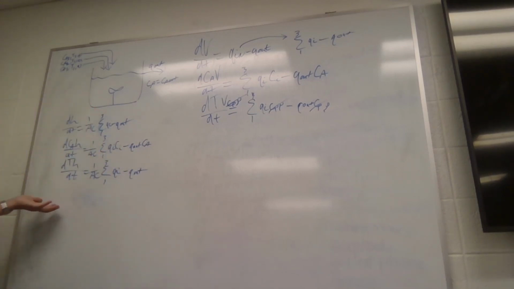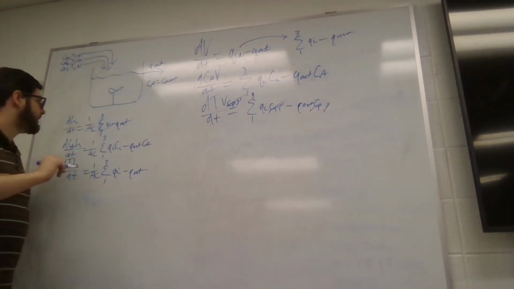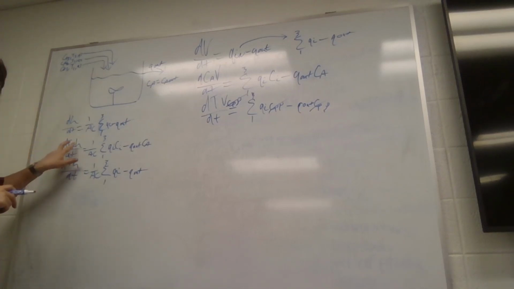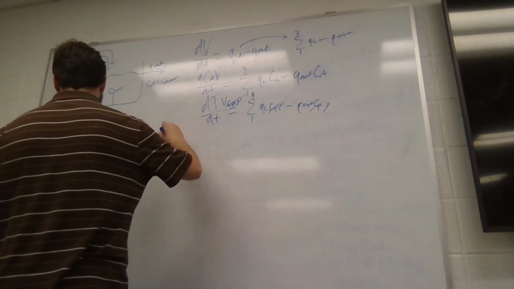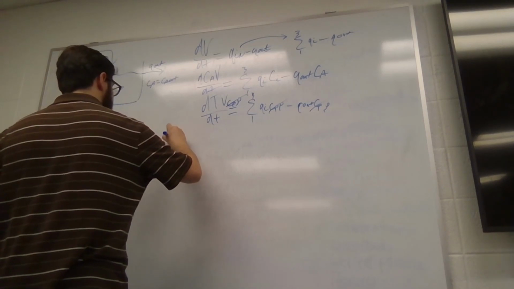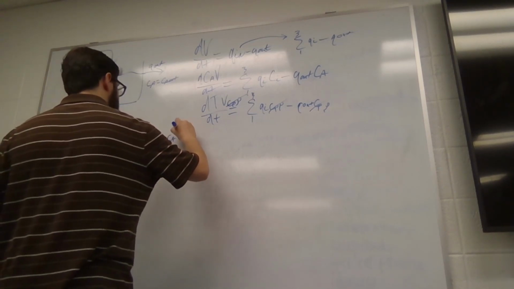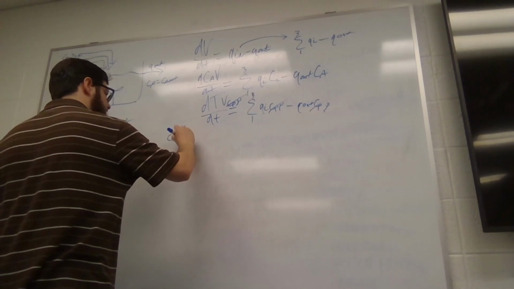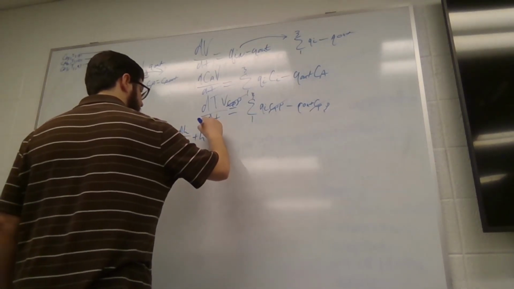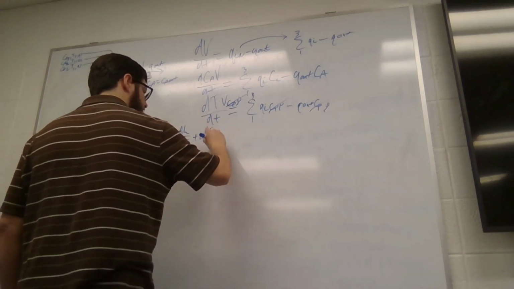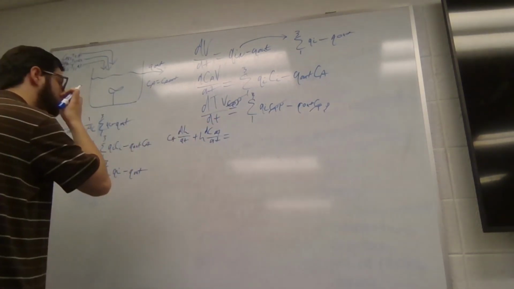So far all of these take out the volume term because we use volumetric flow. In order to avoid having to deal with a product rule, because we have two dependent variables, we want to separate those out for these bottom two equations. So we have the change in concentration times the change in height over time, plus the height times the change in concentration, equal to blah blah, I'll write that in a minute.